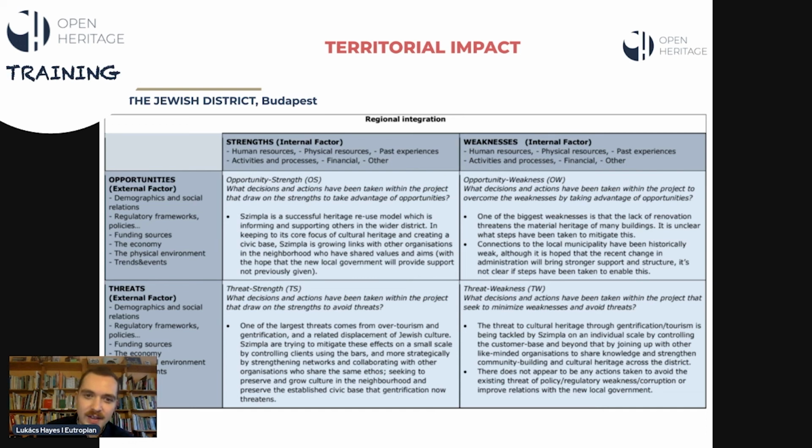But so far, and this brings us to our weaknesses in internal factors and threats in external factors, unfortunately the relationship hasn't developed that much, or new policies accommodating the special circumstances or special needs of this area were not met.